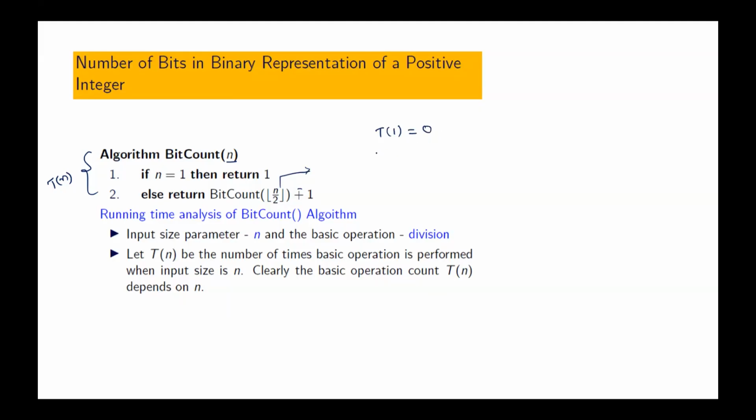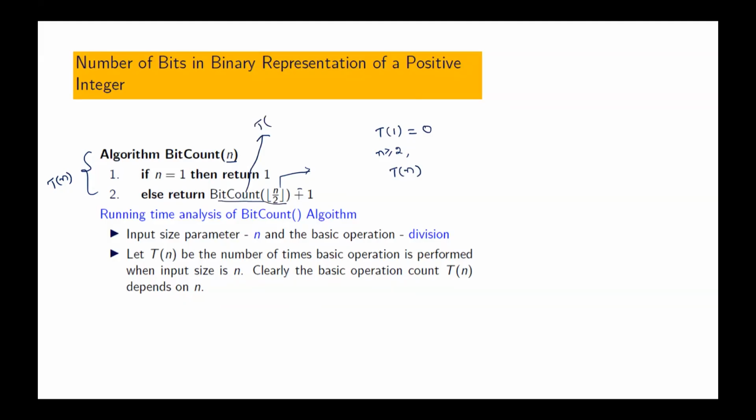If n is greater than or equal to 2, how many divisions are performed? Here, no divisions in the first step. We come to the else part. If n is given, T of n is the number of divisions. If floor of n by 2 is given, how many divisions here? See, if n is input, it is the same recursive algorithm.